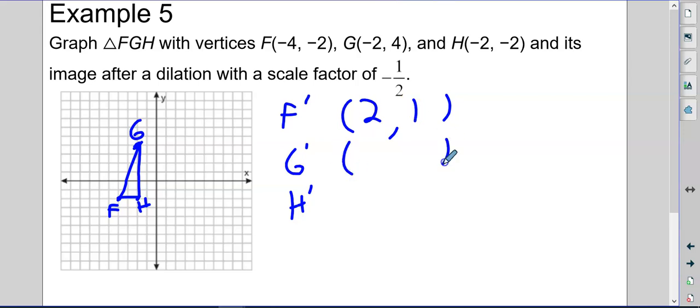G prime. Negative 2 divided by negative 2 is positive 1. 4 divided by negative 2 is going to be a negative 2. And then H prime, negative 2 divided by negative 2 is positive 1. Same thing. So 2, 1.